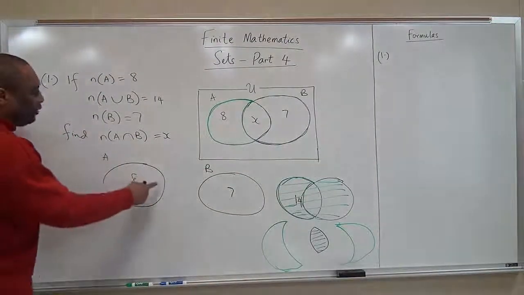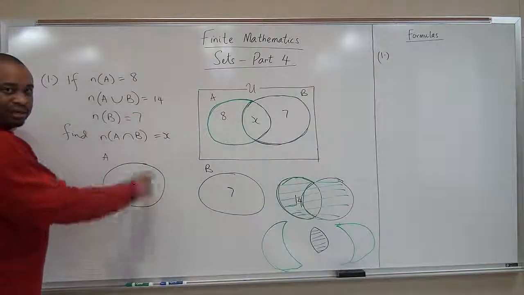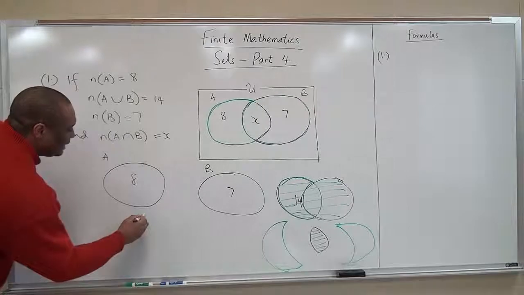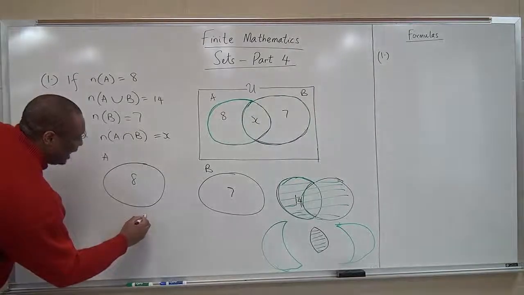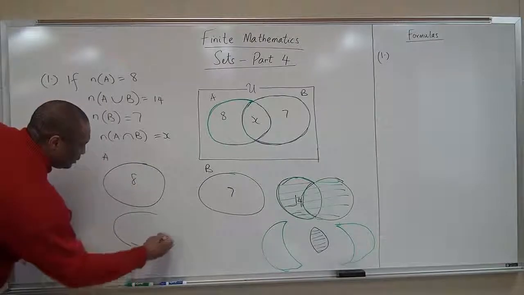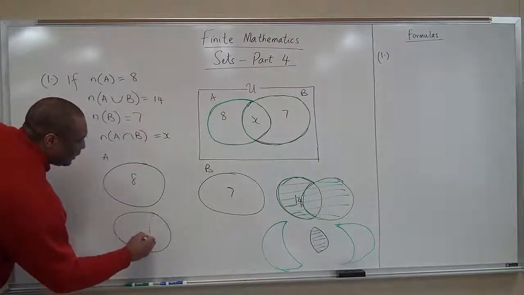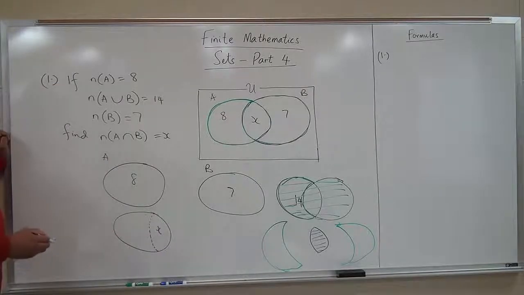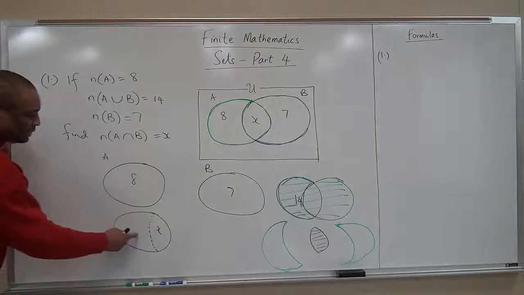For A, the whole circle is A, but this part here is X. How are you going to get just this part?